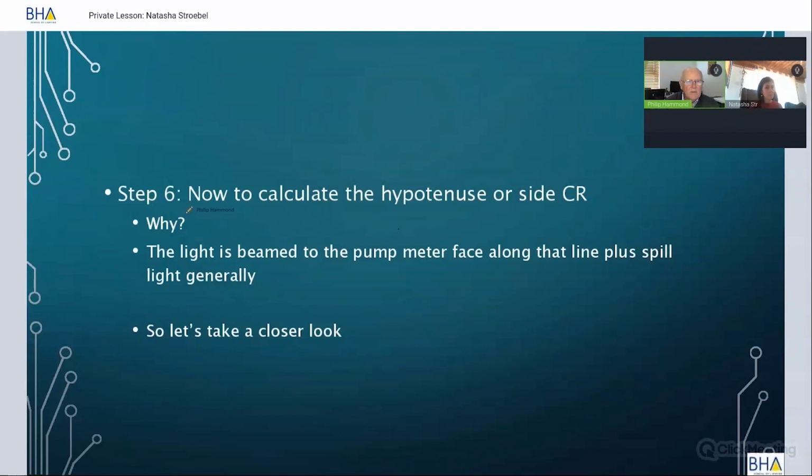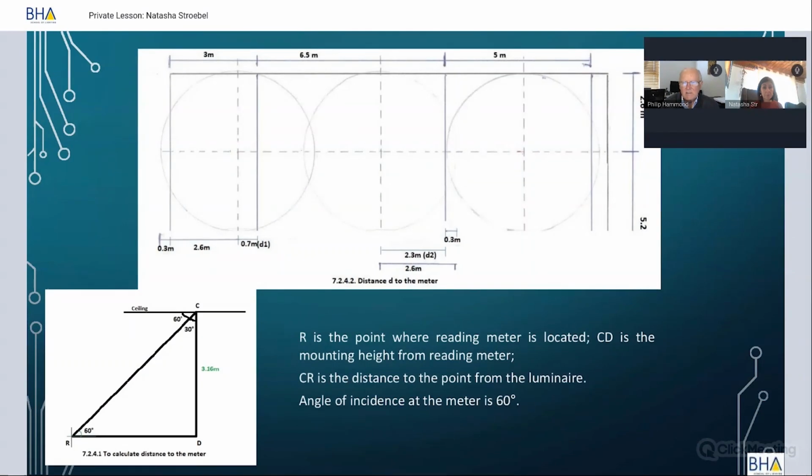And then this is calculating, which you've already done. And that's just showing you all that sort of thing. Distance to the pump meter. There's the height. I'm just explaining it a little bit further here for you.